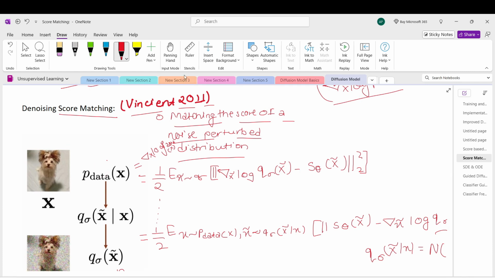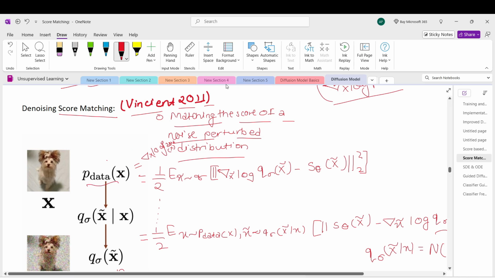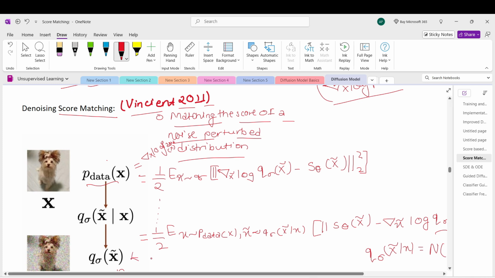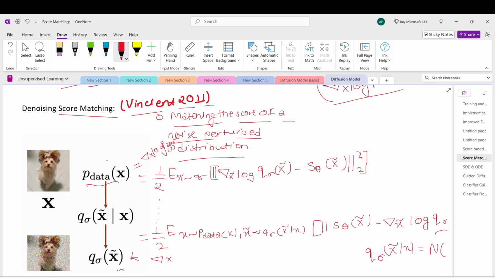As we have seen, this is highly computationally expensive and requires many more backpropagation steps.